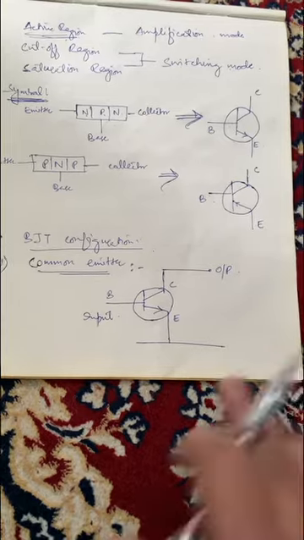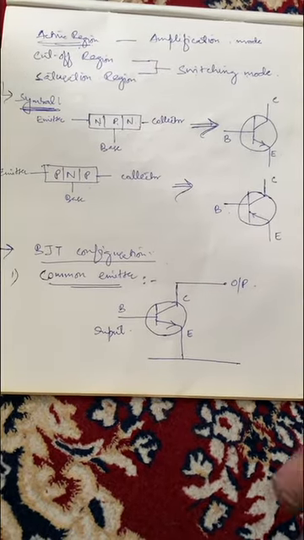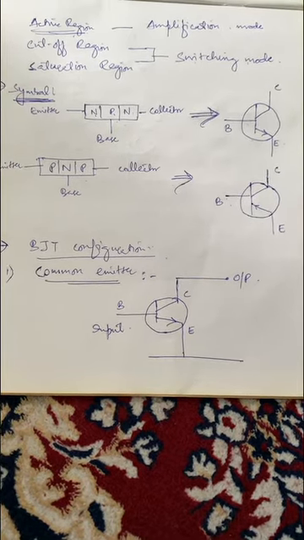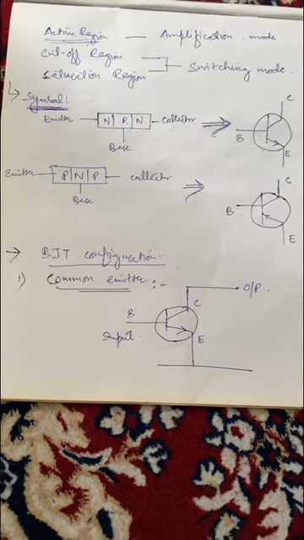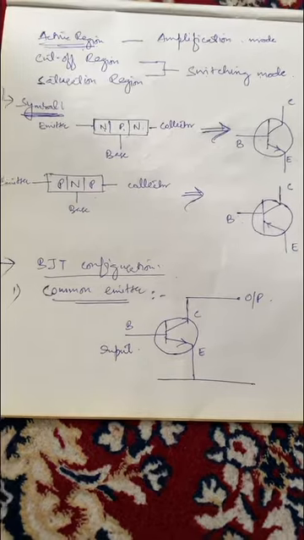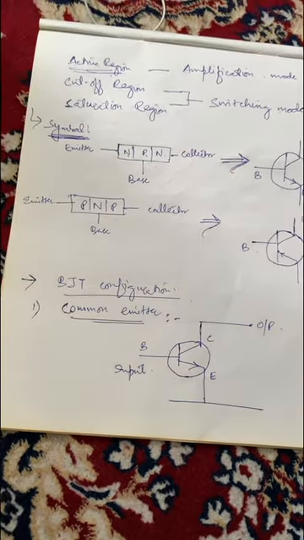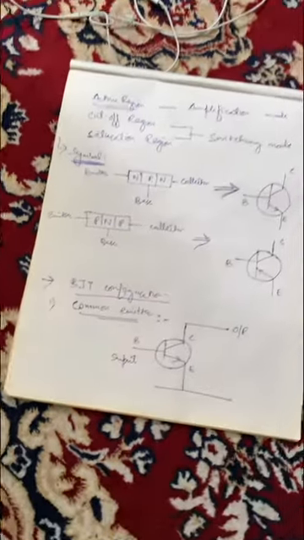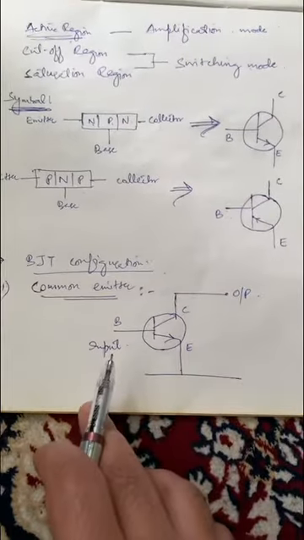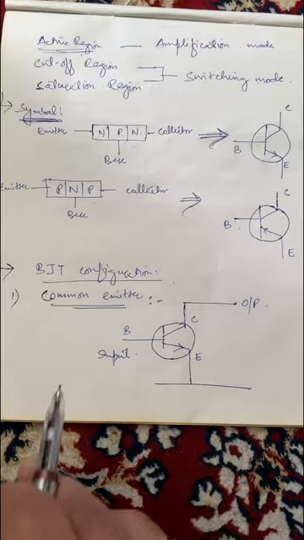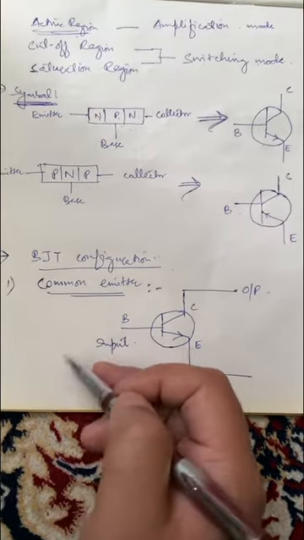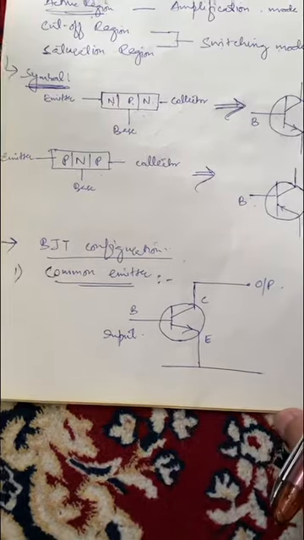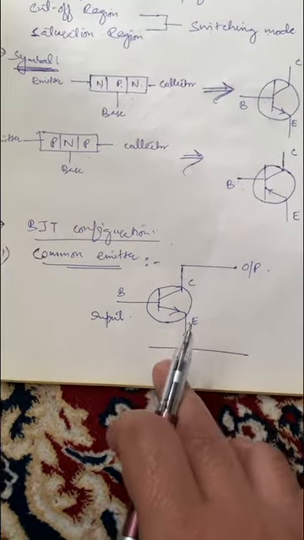Now, as I said, when the BJT is used for the amplification of the signal, then it is operated at the active region, and there are different ways to configure it. The different configurations of BJT that can be used, the first one is common emitter configuration. Here is the symbol of this configuration.